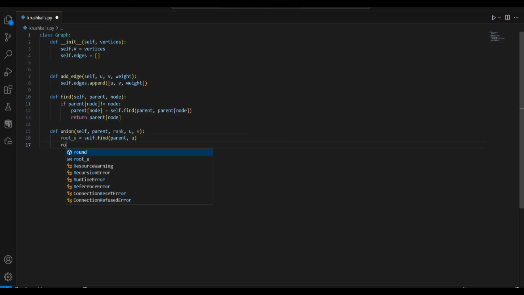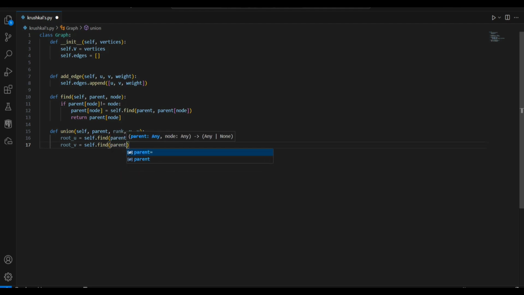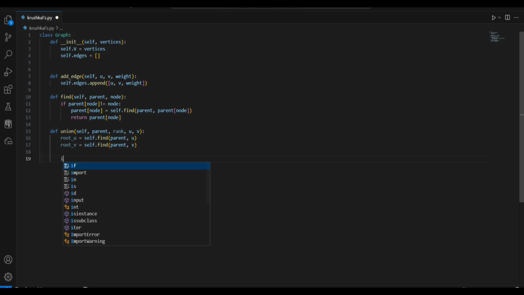We need to check if rank of root u is less than the rank of root v. If it is true, the parent of root u is equals to root v.